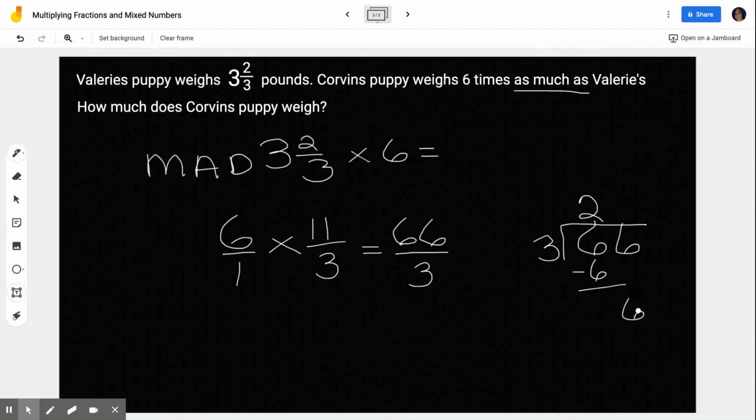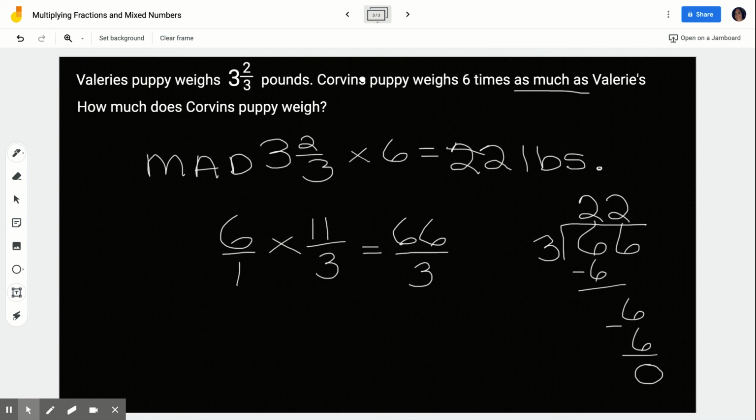How many groups of 3 can I make with 6? That is also 2. We have no remainder, so there's no fractional parts left. So that means Corvin's puppy weighs 22 pounds. And lbs is the abbreviation for pounds.